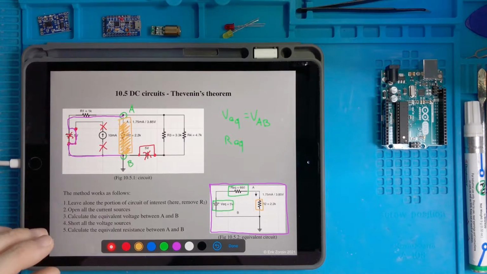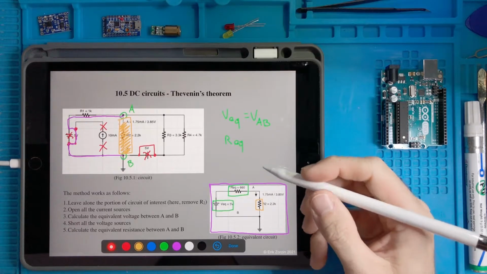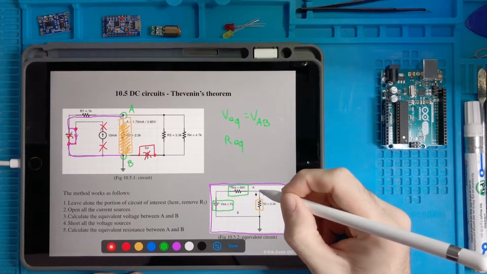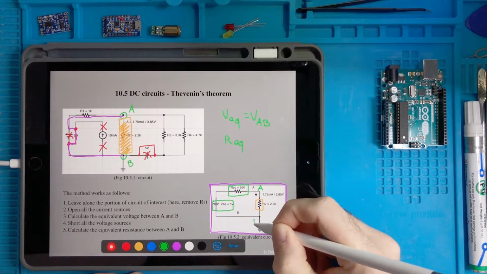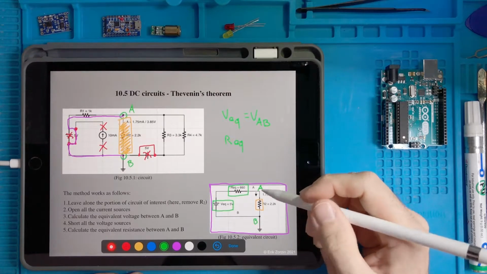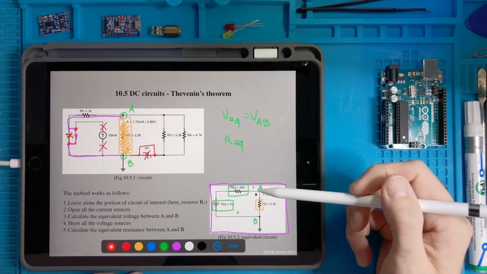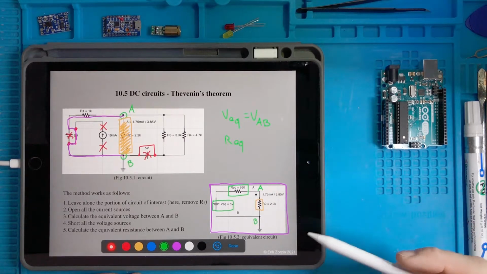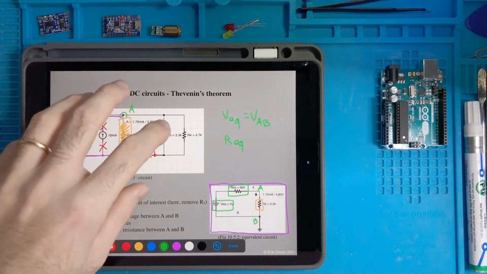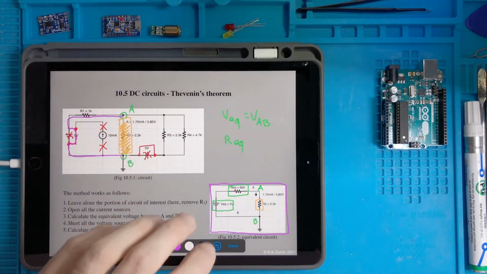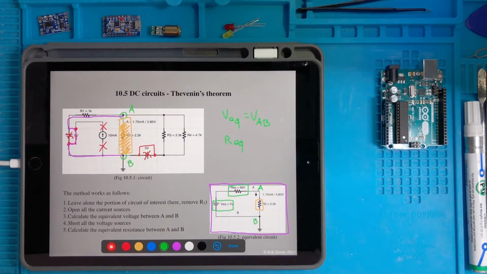And if we do this, the theorem demonstrates that, okay, this is A and B, the same current will flow in the resistor and the same voltage will be across this resistor, which basically means that we can eliminate most of the things here and we just keep two things with two different values.